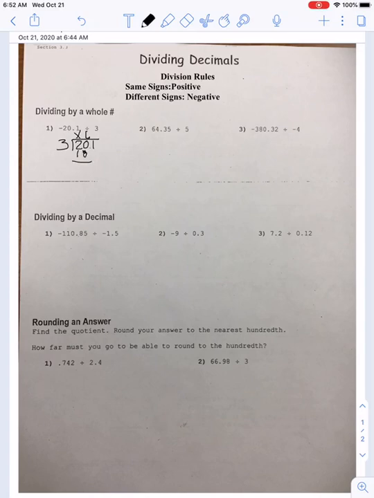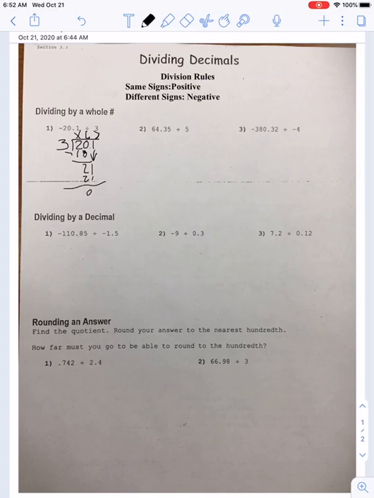So then we subtract 20 minus 18, and we get 2. We bring down the 1. 3 can go into 21 how many times? 7. 3 times 7 is 21, and that leaves us with no remainder.